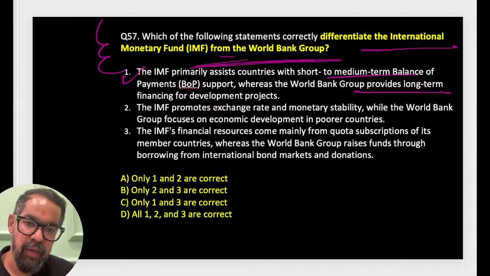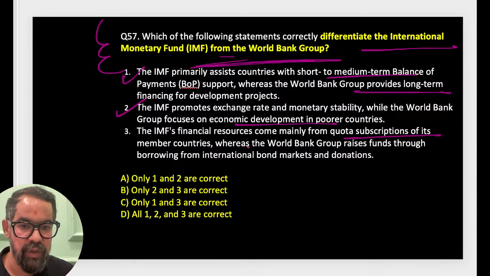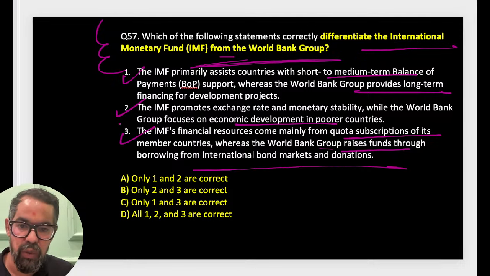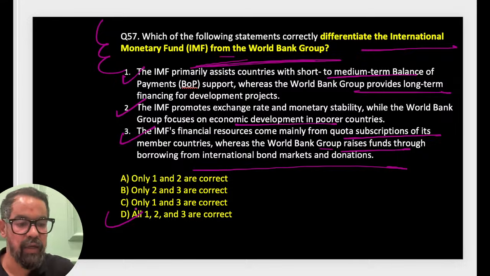True. IMF promotes exchange rate and monetary stability while the World Bank promotes economic development of poorer countries. IMF financial resources come mainly from quota-based subscriptions of members, and they raise funds through others, right? 1, 2, 3, all are correct. D will be the right answer.